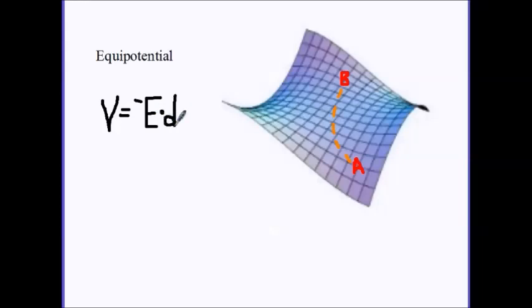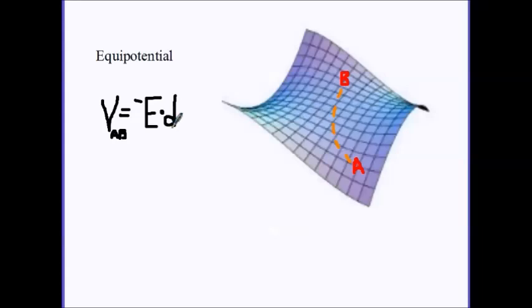D. Well, that's very interesting in this situation, because the potential difference between A and B, V_AB, is zero.